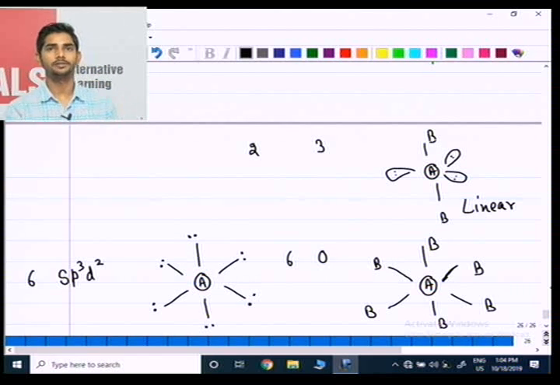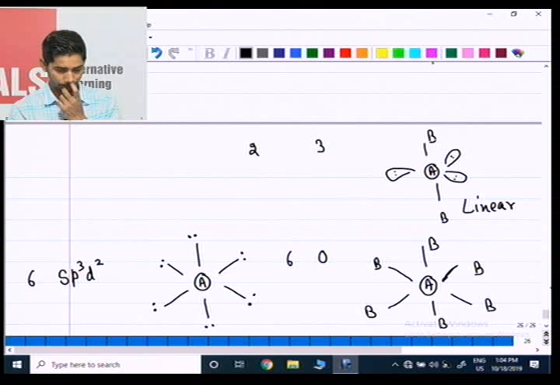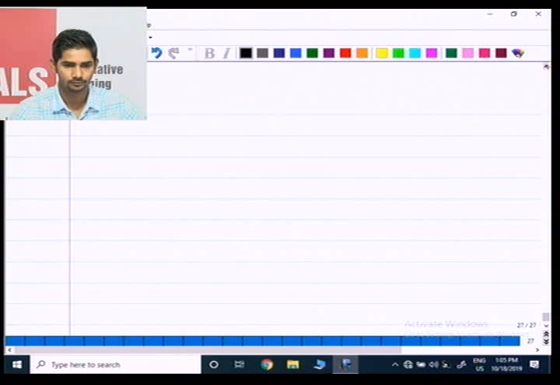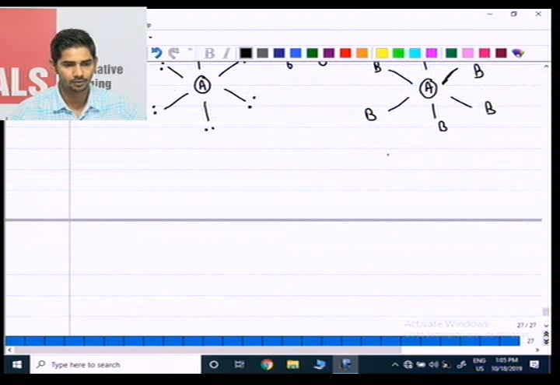I'll write it on the next page. Copy it once. Done? Okay. Octahedral.